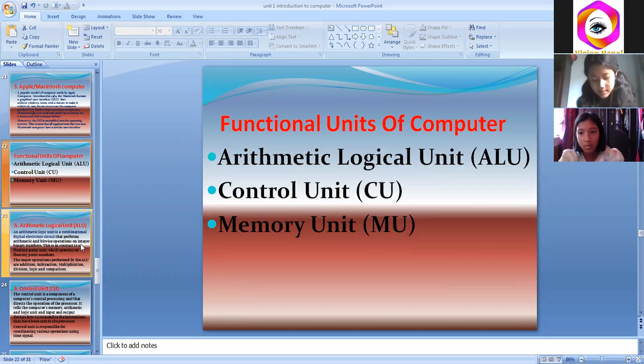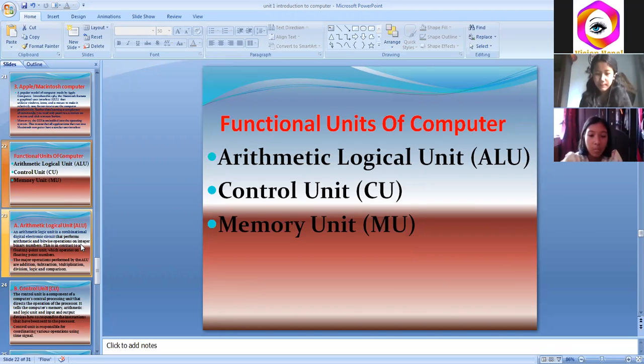And the next one is MU, the memory unit. That means RAM. Do you know RAM? What is the full form of RAM? RAM, that is random access memory, right?